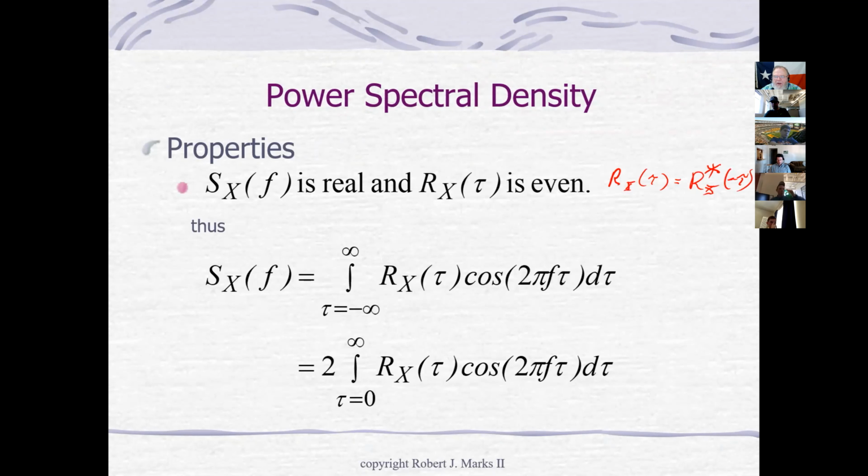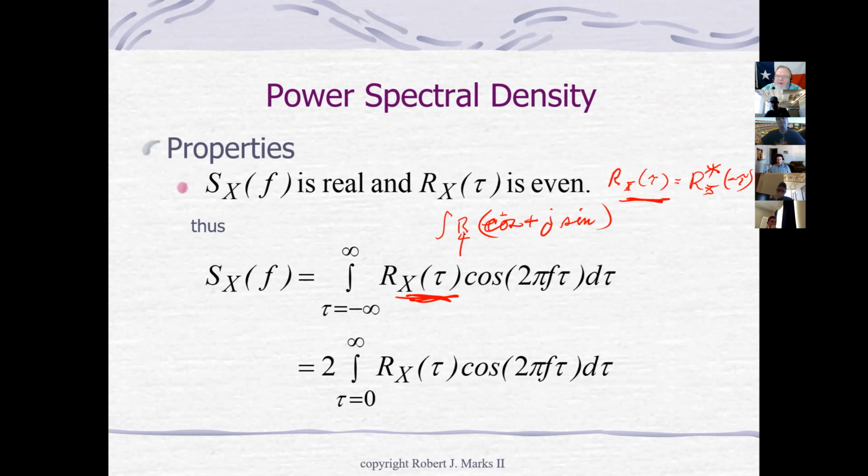So therefore, we can always write the real part as the power. Because R sub x is real, it's even. So therefore, we can throw away the j sign, right? It's equal to R times e to the plus j, I'm sorry, times cosine plus j sine.